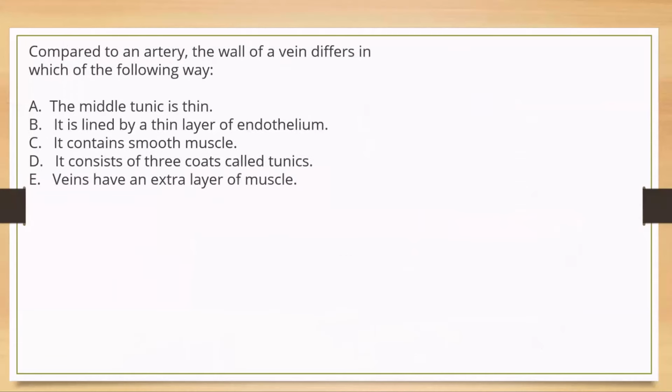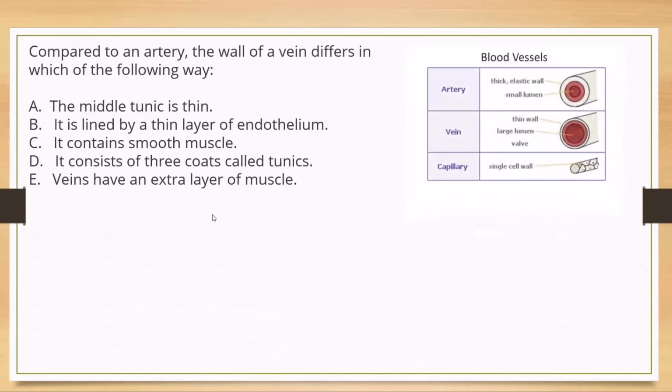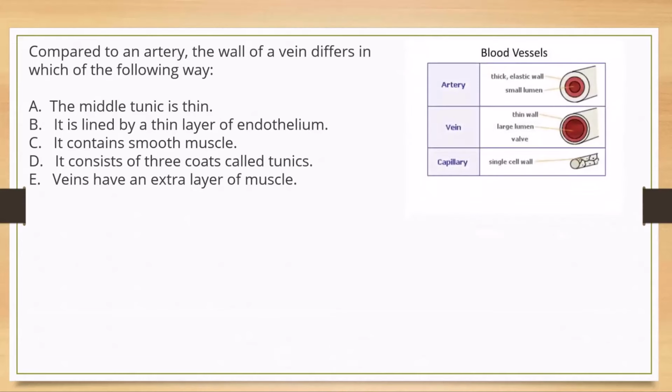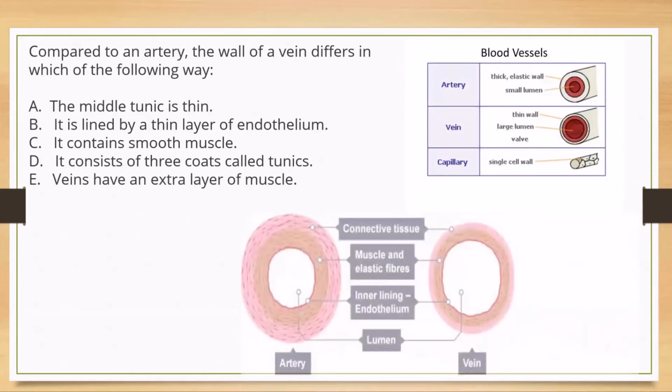Compared to an artery, the wall of a vein differs in which of the following ways? So now it's about the difference between an artery and a vein. Let's quickly look at it. I'll use these diagrams to help you understand it better.